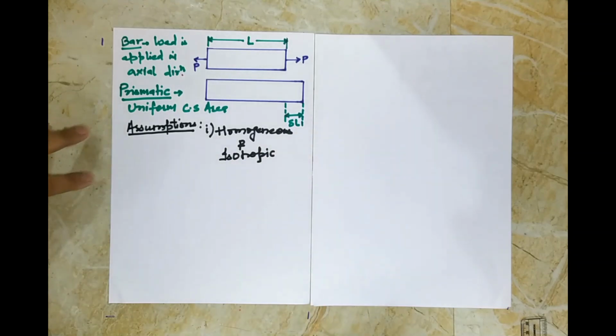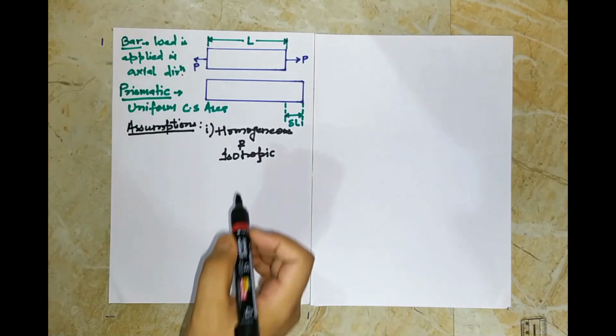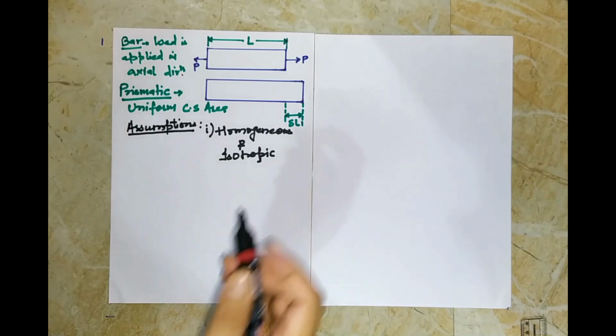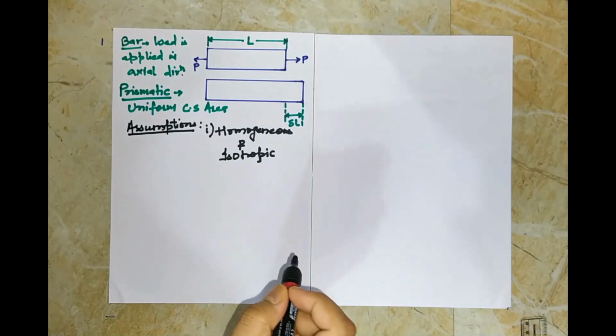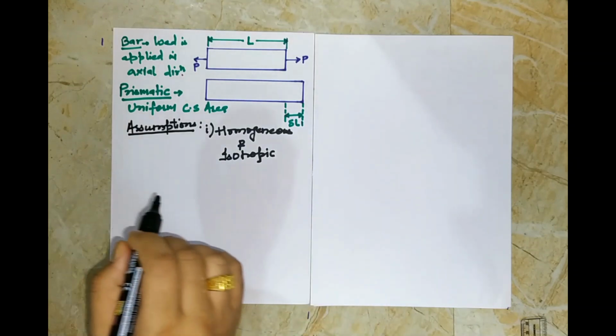When I call it homogeneous, it means that the bar has a uniform distribution of the same material throughout its volume. And when I call it isotropic, it means that at any point in the material, properties are equal in all the directions. Okay.